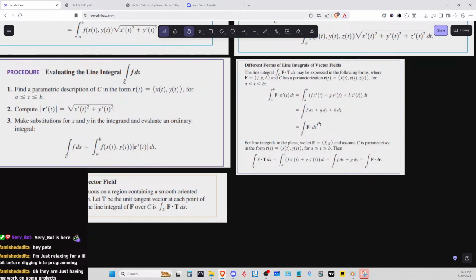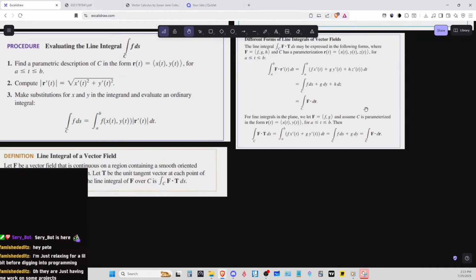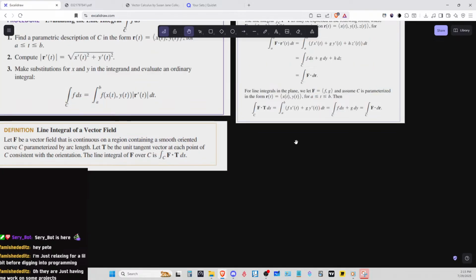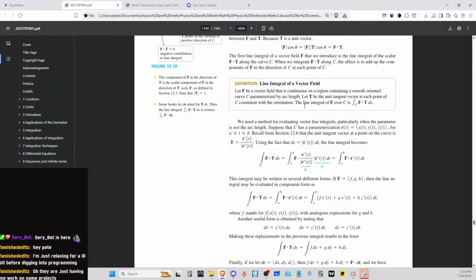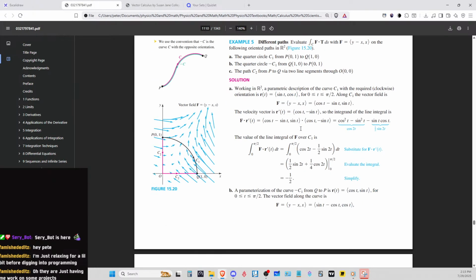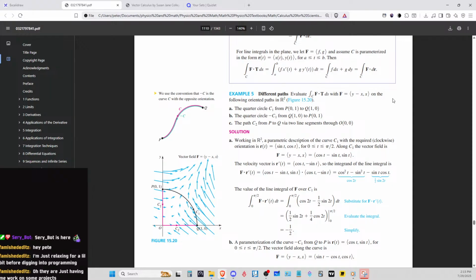So we have to take the vector field with the dot product of the derivatives of, basically, F is equal to this.